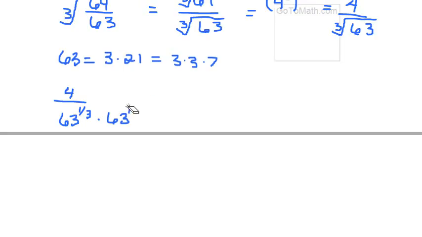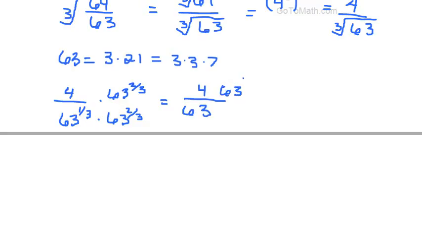This will have to be 2/3, because 1/3 plus 2/3 is 1, and of course we've got to write it up here in the denominator also. So now we're going to be left with 4 over 63 times 63 to the 2/3.